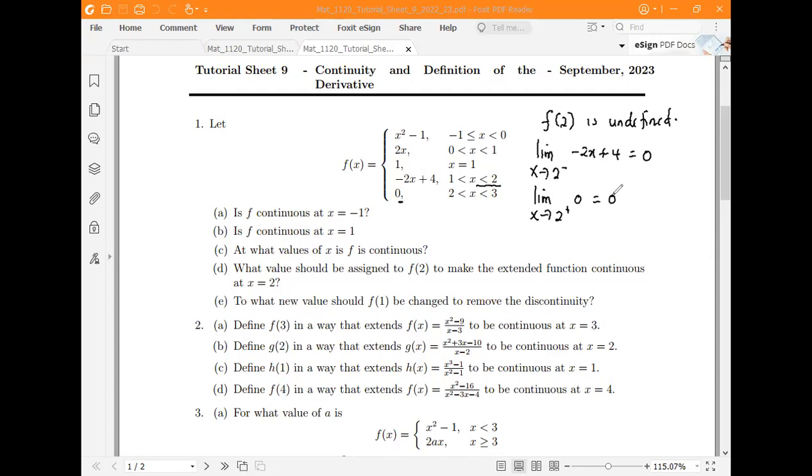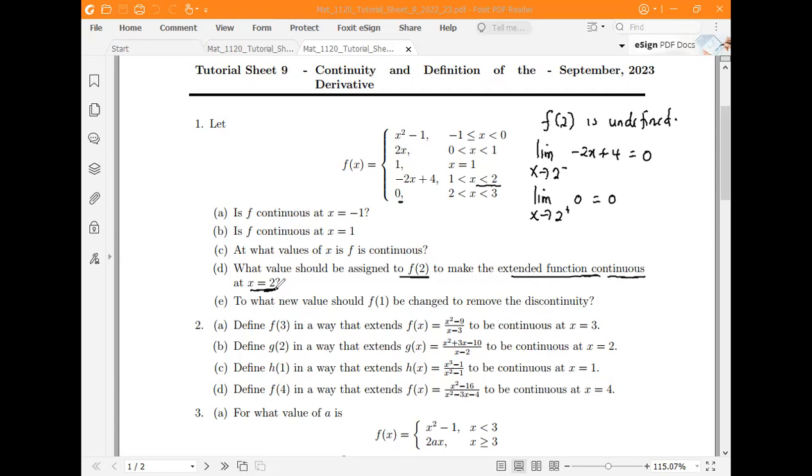So then there's this question: what value should be assigned to f of 2 to make the extended function continuous at x equal to 2? If they ask you to determine what the value of f of 2 should be, your answer should always be the value of the limit.